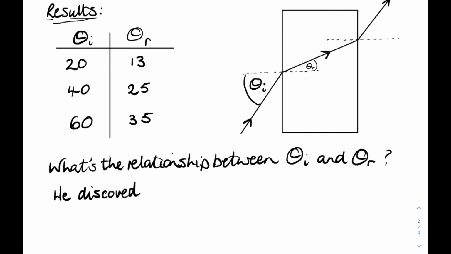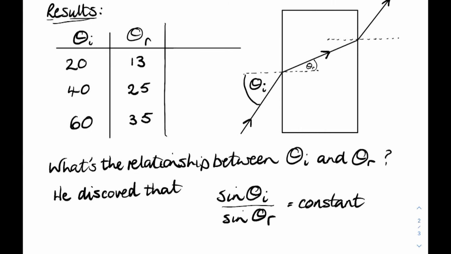He discovered that if you take the sine of the angle in air and the sine of the angle in glass, and you divide the sine of the angle in air by the sine of the angle in glass, then you get a constant number. So let's do that. Let's put another column in the table there.